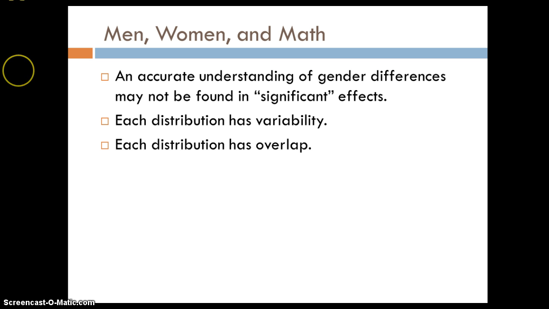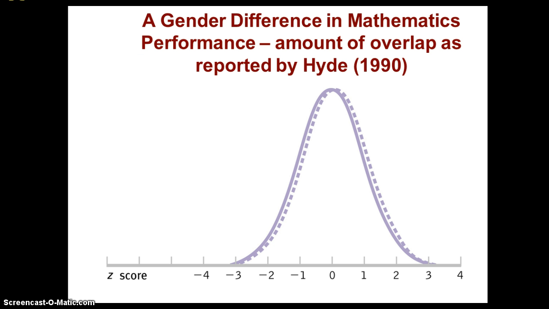We know that each distribution, we've got some women who are really awesome at math and some women who are not so awesome at math. And we've got some men who are really awesome at math and some who are not so awesome at math. So each of these distributions has a lot of variability, and there's overlap of these two distributions, even though there's a significant effect.